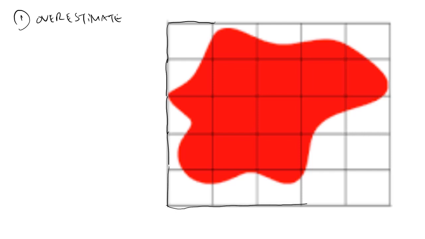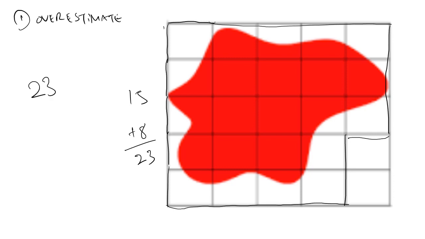So we'll go over here, over here. We want to include everywhere that the shape is. Now we can count this up. This is 3 by 5, so this is 15. This is 2 by 4, that's 8. So we've got 23 square units.